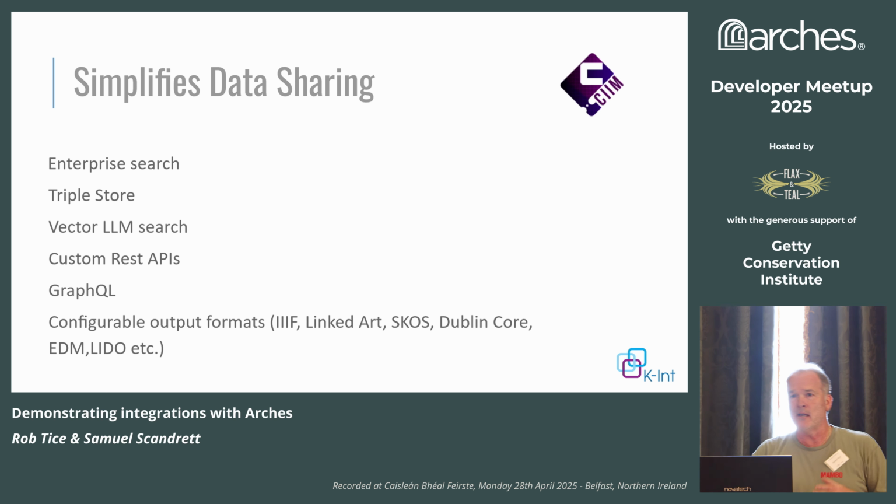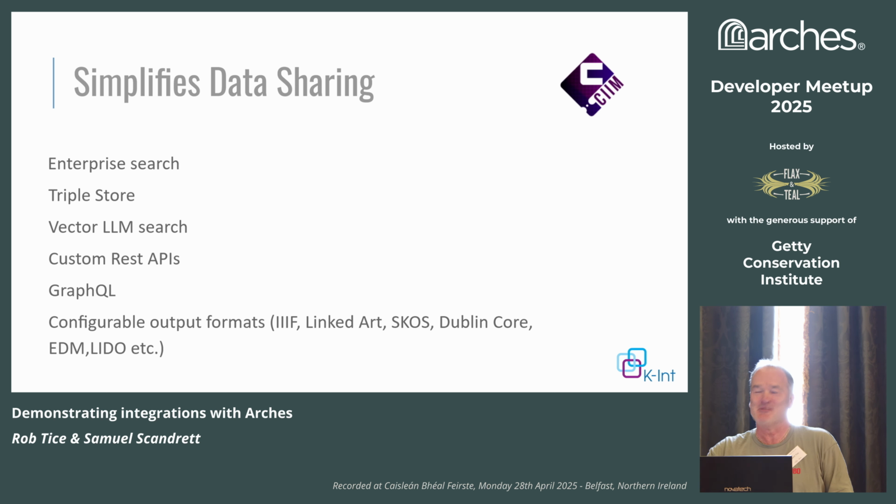One of the reasons that it's been used, from the Arches perspective, with the organisations that we're working with is it simplifies the way of sharing data more widely. It offers standard things like enterprise search and a triple store, but also vector searching, using external large language models to generate similarity in vectors, REST APIs, GraphQL, and, as Phil was saying earlier, delivering the content.